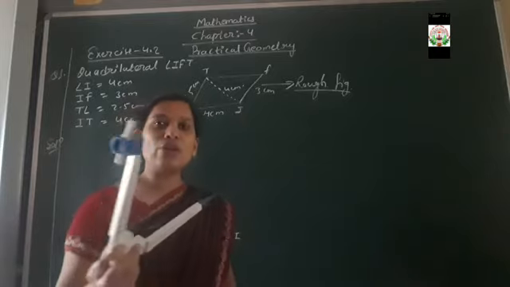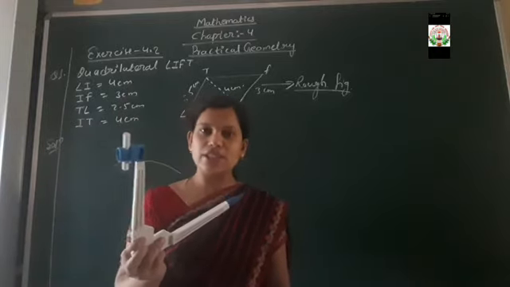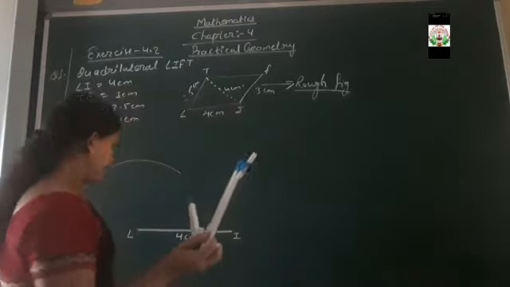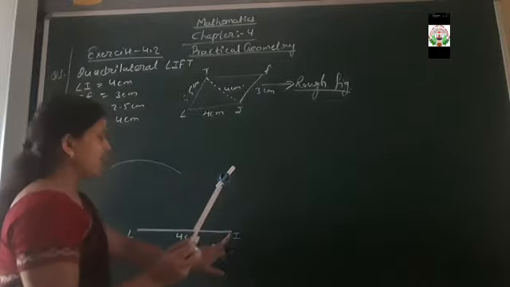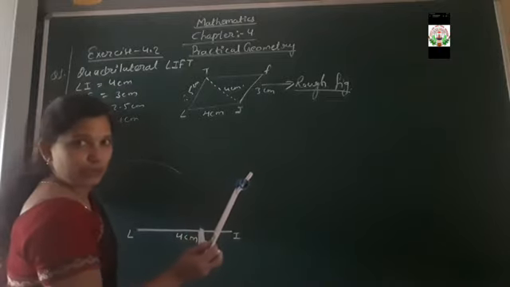On the mouth of your compass, you have 3 centimeters. That point you have to keep at I, because we are going to create IF.